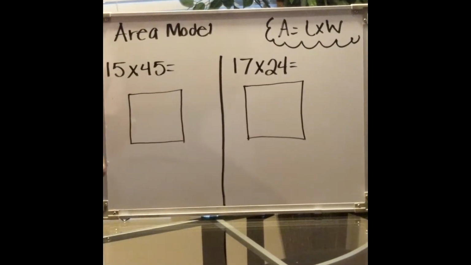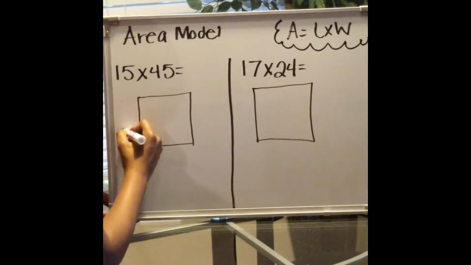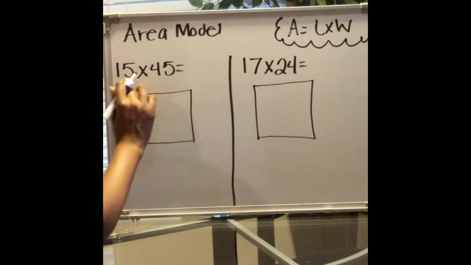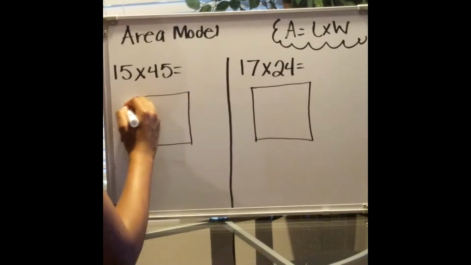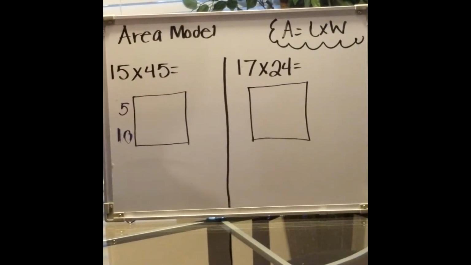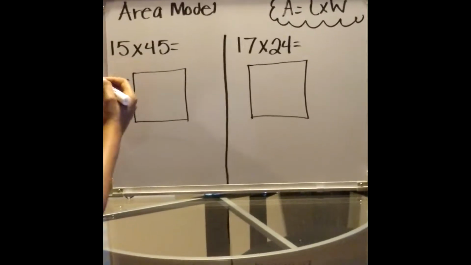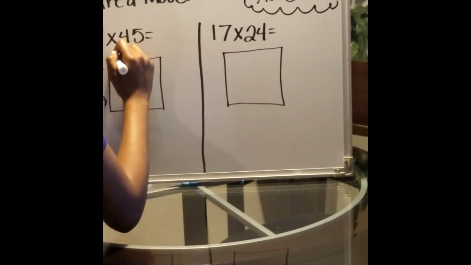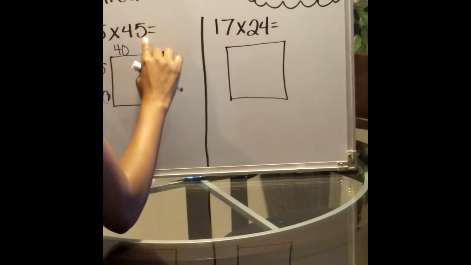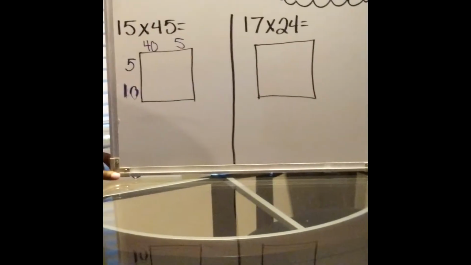So I have 1 ten, which is 10, 5 ones, which is 5. Now I'm going to decompose my 45, the width, 4 tens, 40, 5 ones, 5.